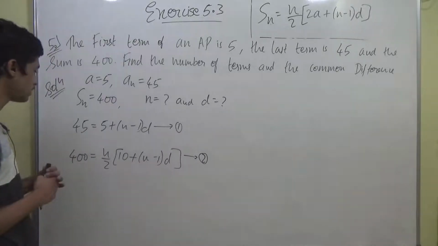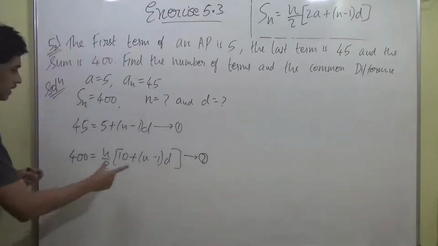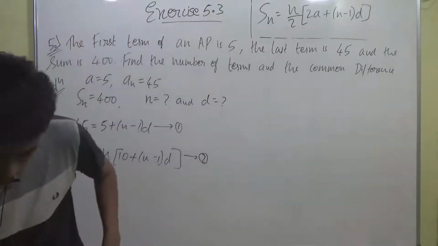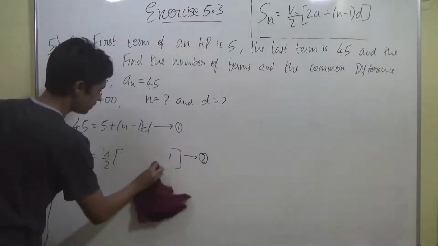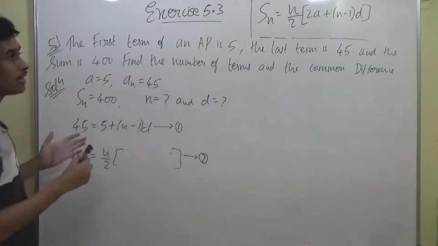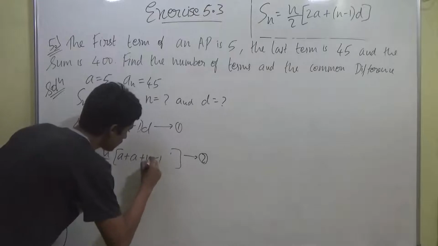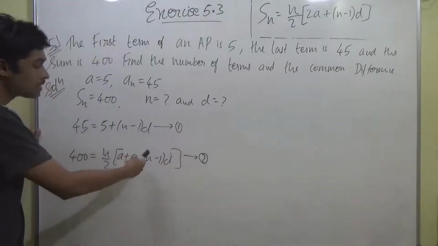One more thing, I'll tell you guys. This whole thing, that is 2a plus n minus 1 into d, we can write as a plus a plus n minus 1 into d, right? This 2a I have written as a plus a.